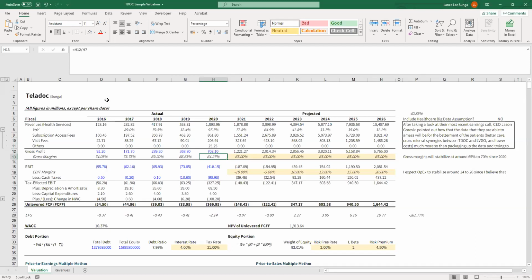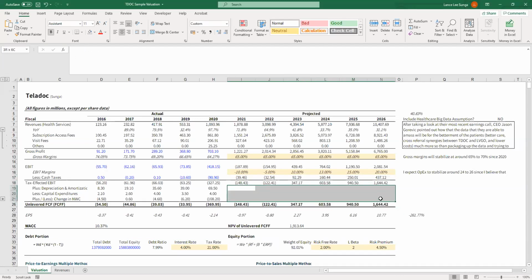Because that was when most of the clients came in, right? So they should be stabilizing from that point on. So 65%. And then you arrive at your EBIT from, again, projecting EBIT margins, right? The same case. And then from there, tax is straightforward, right? And then you get the FCFF.